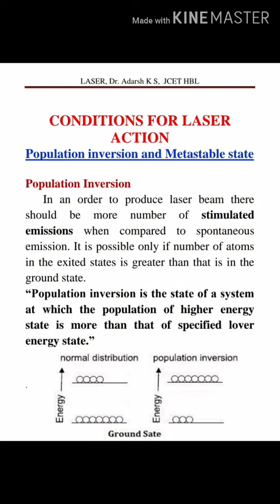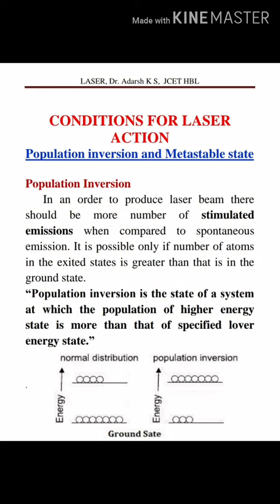In order to produce the laser beam, there should be more stimulated emission compared to spontaneous emission. It is possible only if the number of atoms in the excited state is greater than that in the ground state. So population inversion means we can create more atoms in the higher excited state than in the lower state.